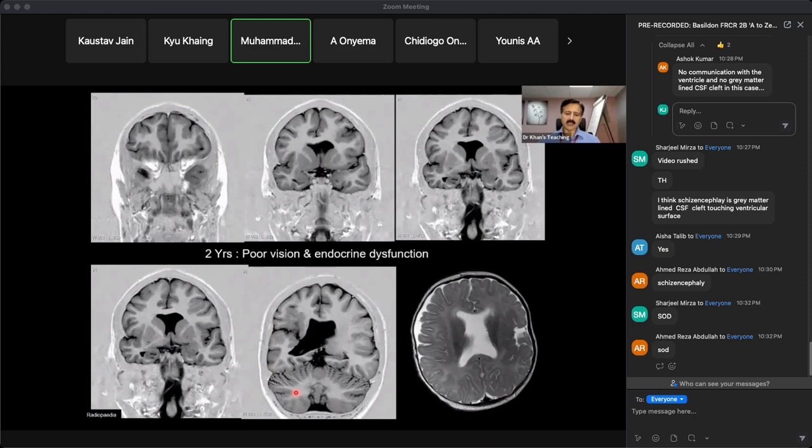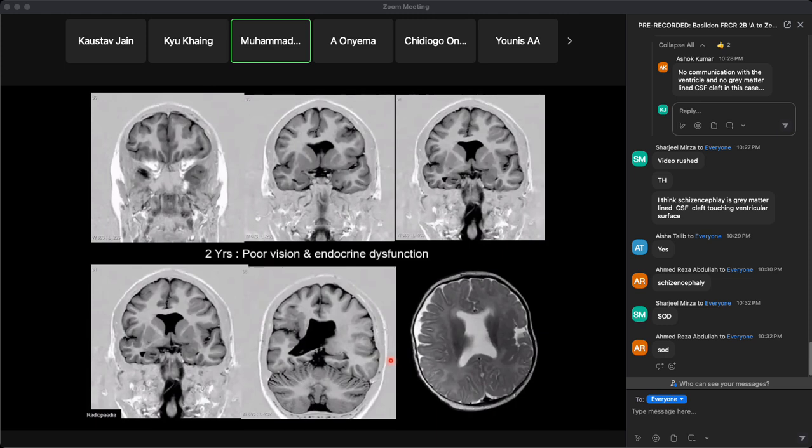Look at the optic apparatus on this scan. So these are several MRI slices, mostly coronal and a single axial.